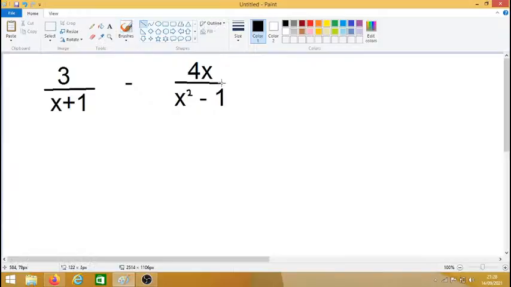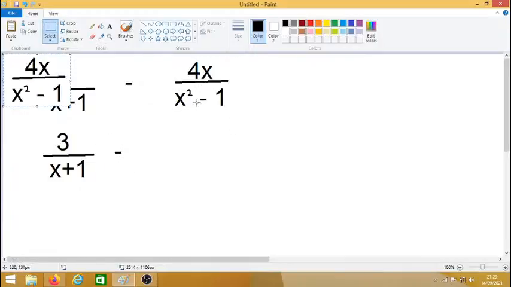The way we're going to deal with that is we're going to spot that this is the difference of two squares. X squared is a square number, 1 is a squared number. So we can change that into double brackets with x and 1 and just the sign plus and minus being the difference. So let's take this as it is, and then we're going to have a minus, but we are going to change this.